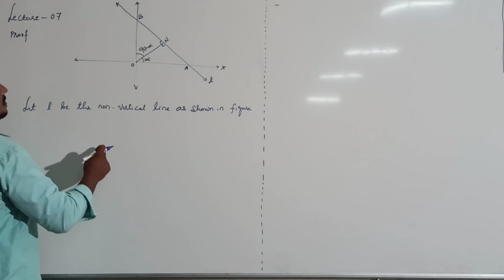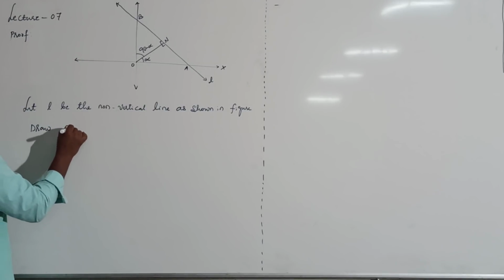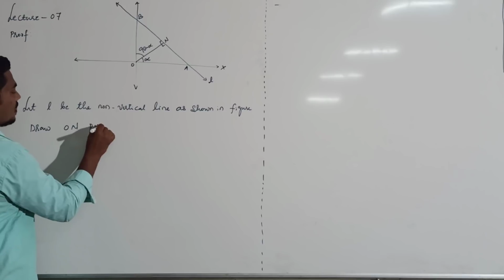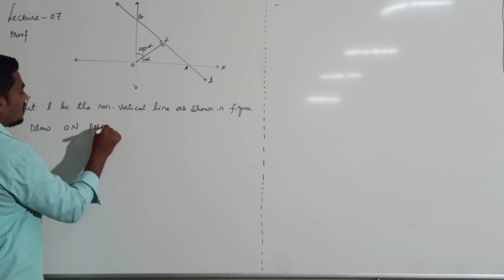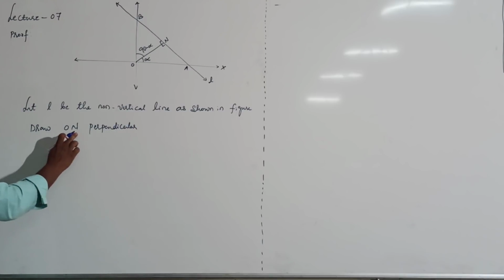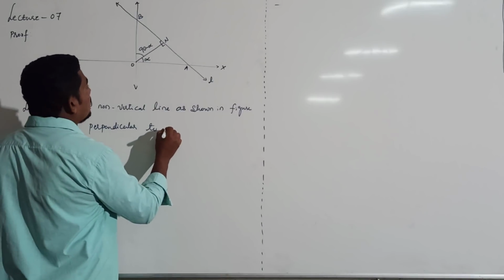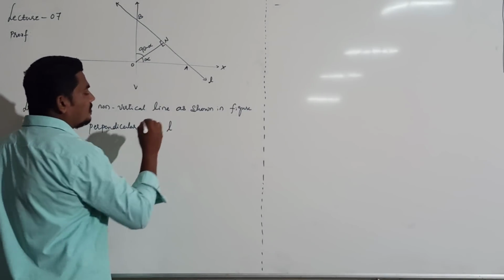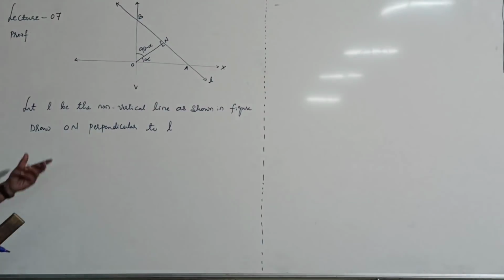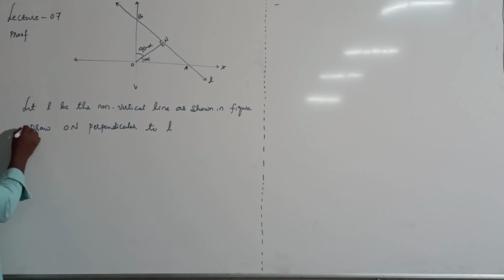After that, draw ON perpendicular to L. First point, L be the non-vertical line.